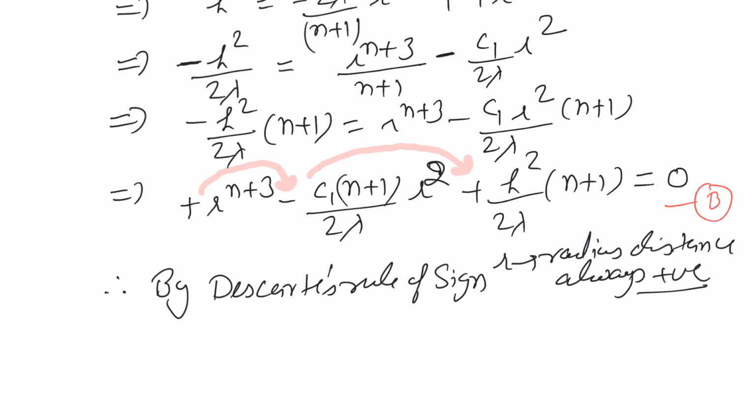Descartes rule states that an equation cannot exceed the number of positive roots by the number of variations in signs in that particular equation.